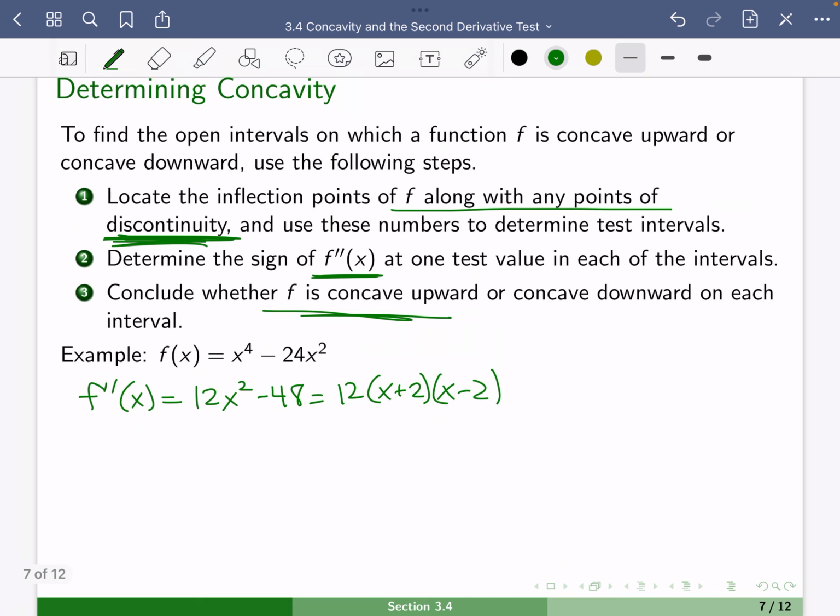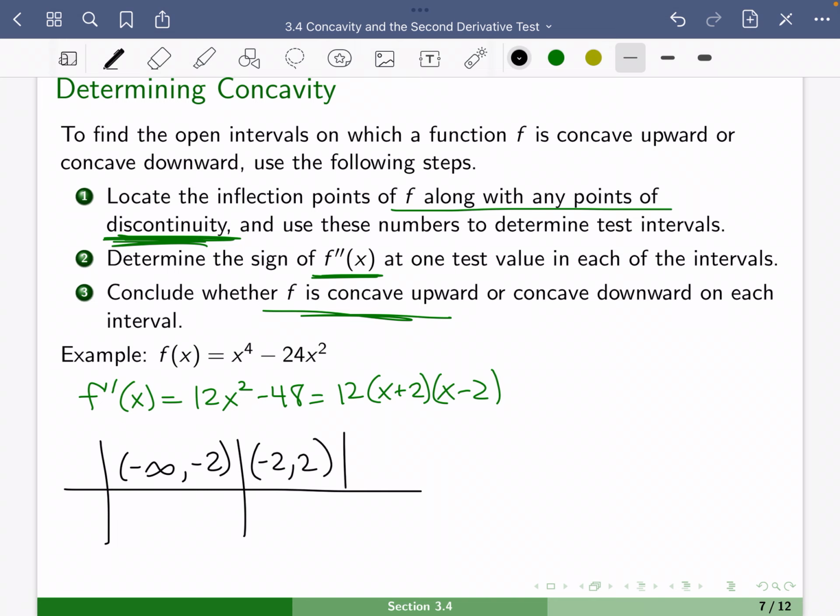At 2 and negative 2, our second derivative was 0. So we go from negative infinity up to negative 2, then from negative 2 to 2, and then from 2 to infinity, and do a sign chart for the second derivative. It was positive, then negative, then positive.